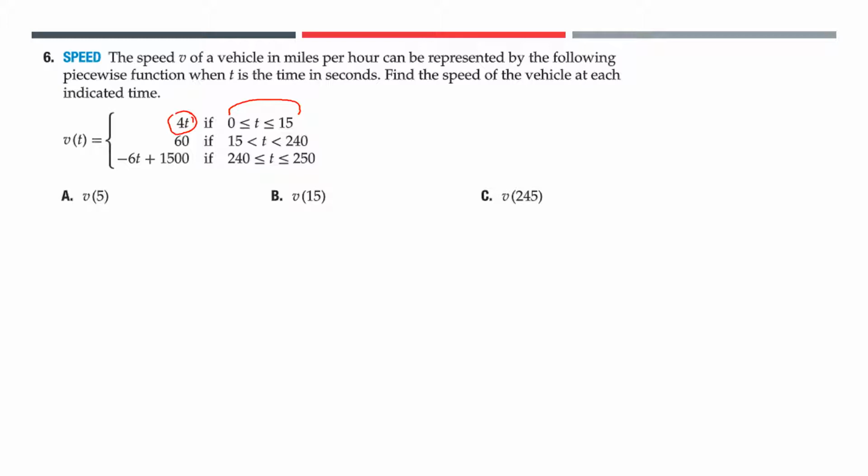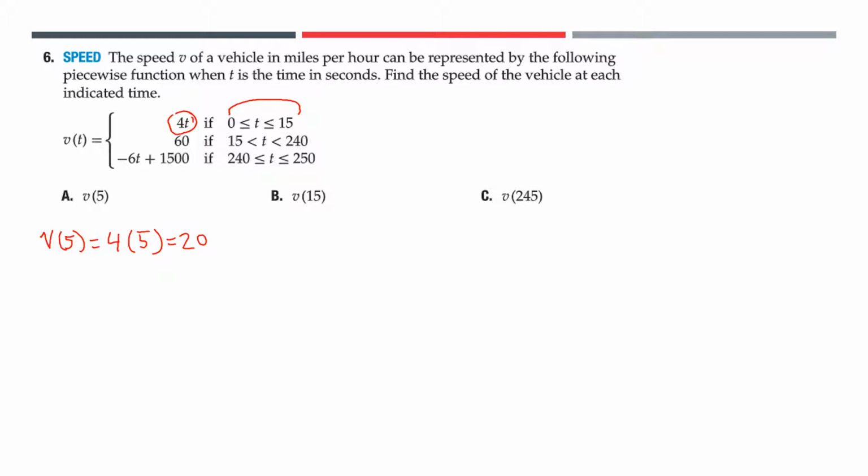V of 5. Well, that means I'm using this first equation. So V of 5 equals 4 times 5, which equals 20. V of 15, okay? 15 is this end bracket, but I've got to find which one equals 15.